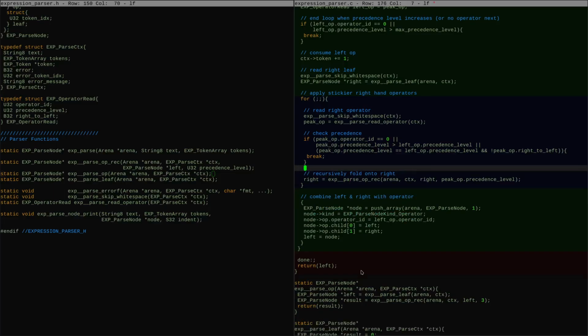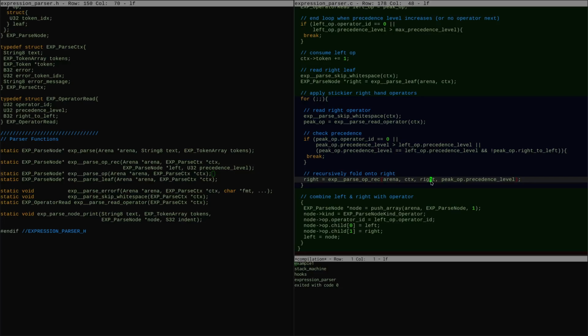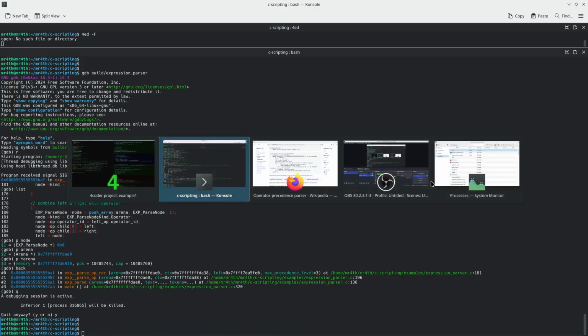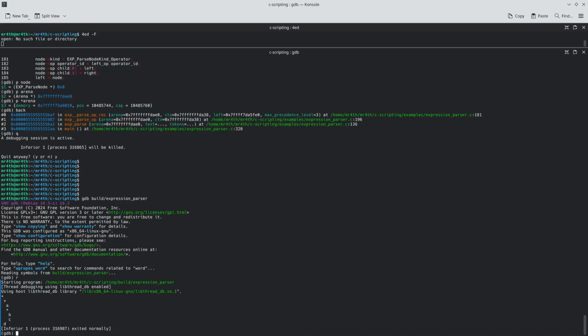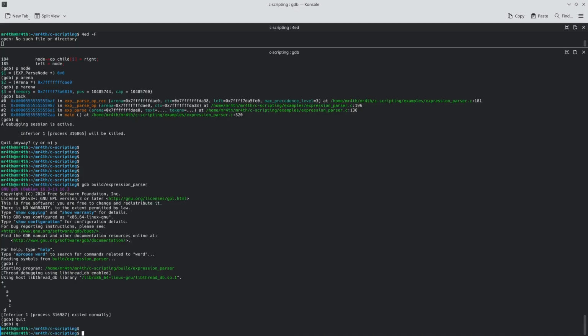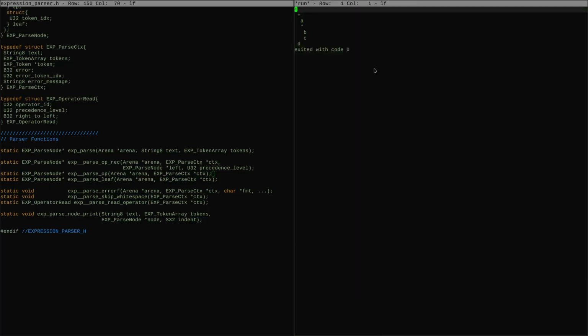Except we don't consume the right operator because this wants to have a look at that right operator. There we go. Okay, so that's working now.